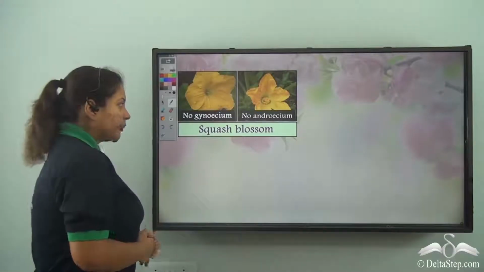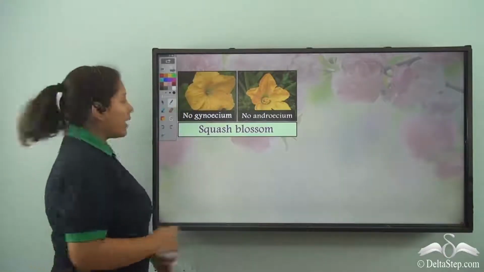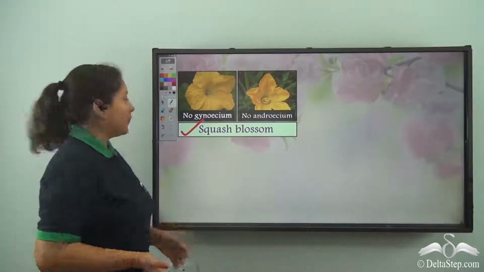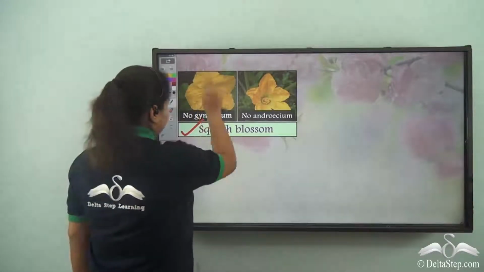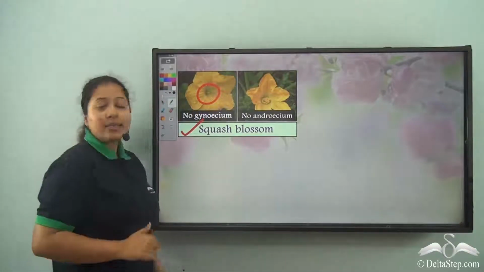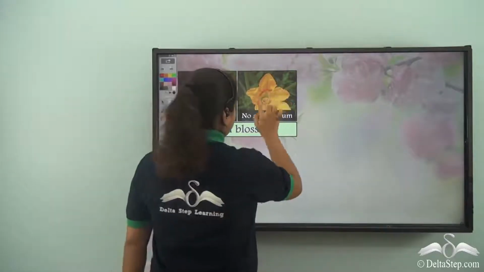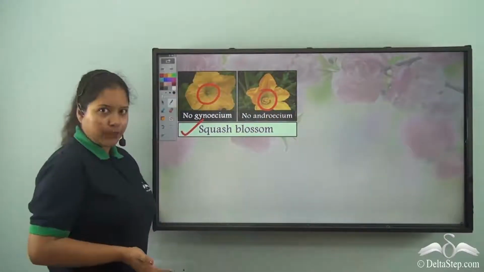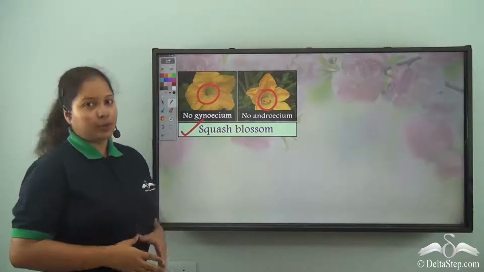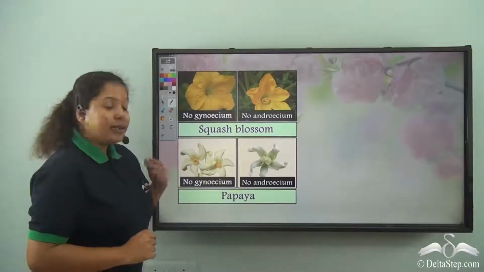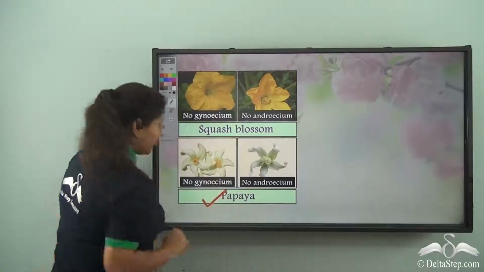Now look over here. Both of these flowers are of squash blossom, but there is a difference. Can you see? In the first flower we see there is no gynoecium, that is no female reproductive part, and in this flower we see there is no androecium, that is no male reproductive part. Another example is the papaya plant.